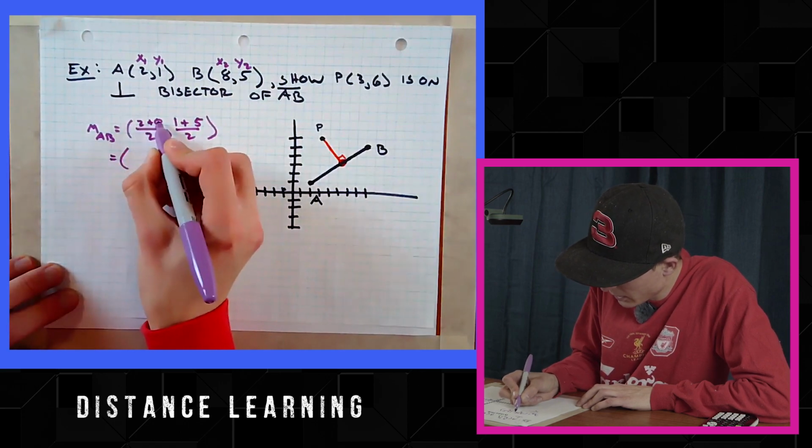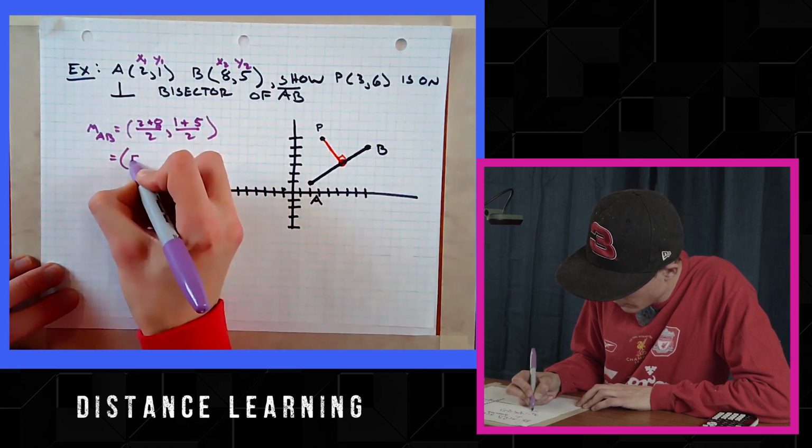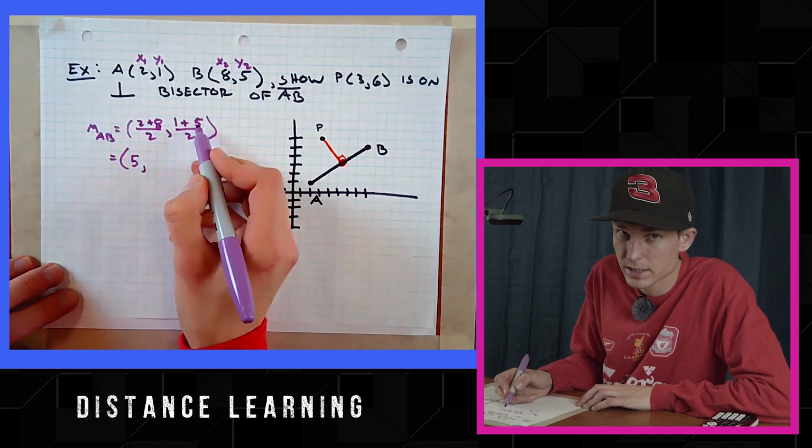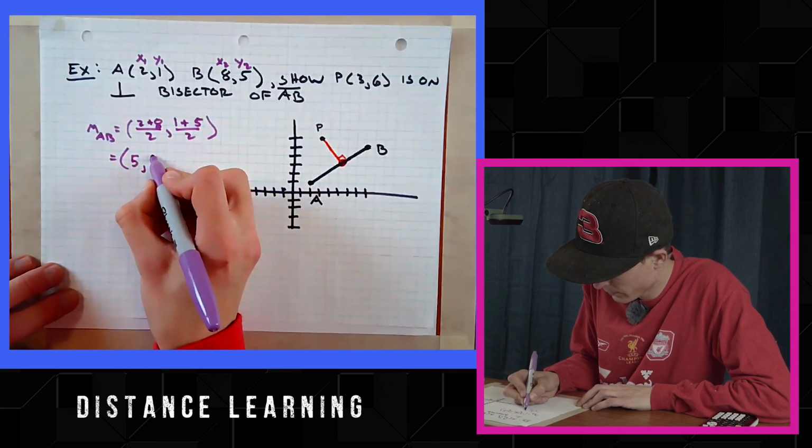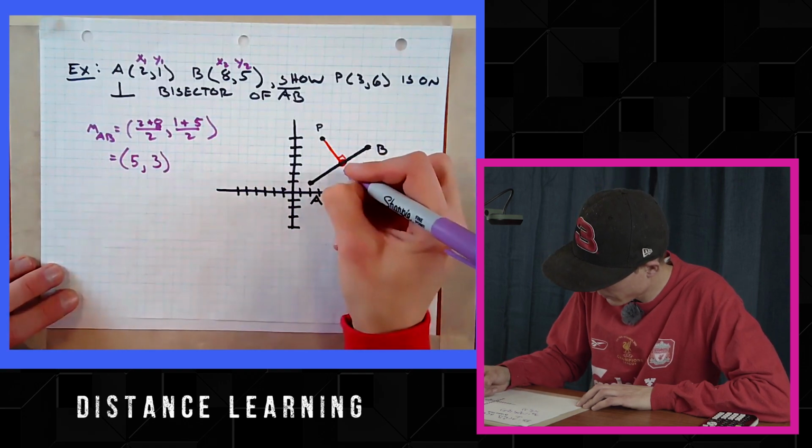So that's going to be 10 over 2, which is 5. 1 plus 5 is 6 over 2 is 3.